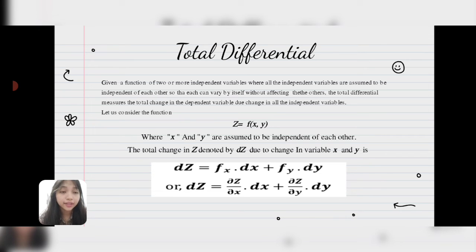Or we can write del z equals del z per del x times del x plus del z per del y times del y.